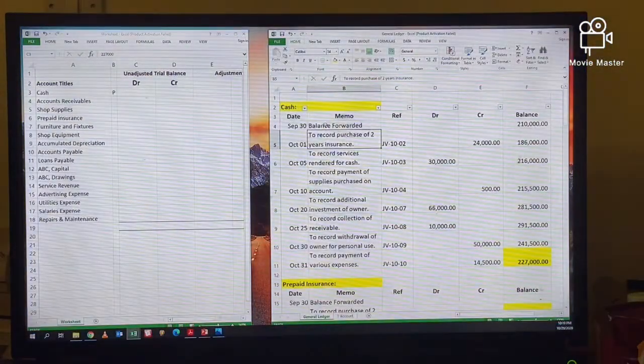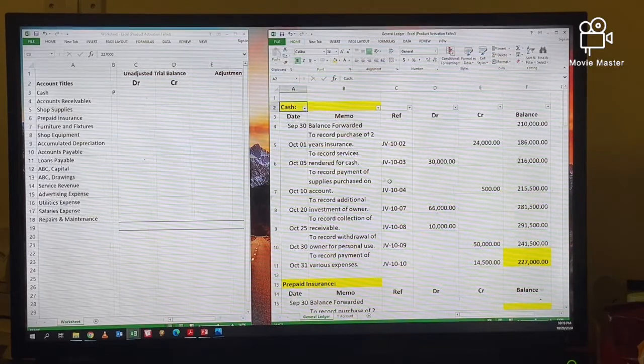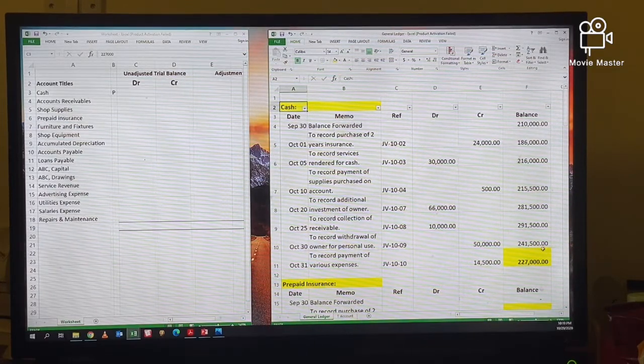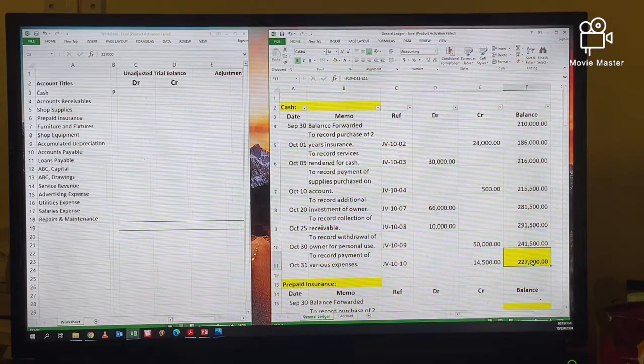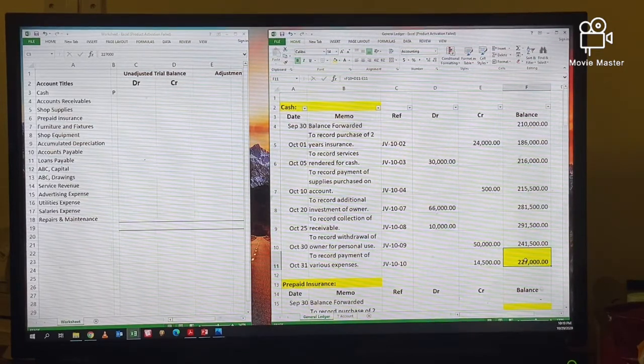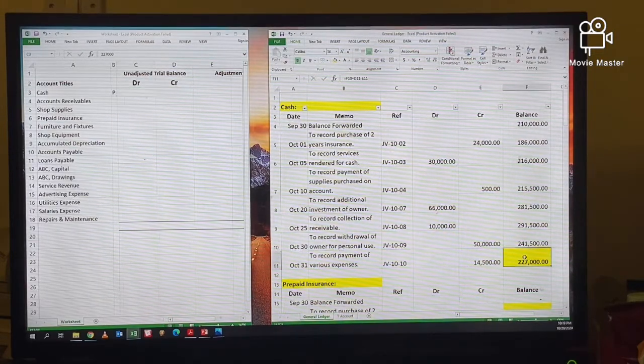Okay, so these are the general ledgers that we created. So we will now post our ending balances or closing balances as of October 31 from our general ledger to our unadjusted trial balance. So let's start.